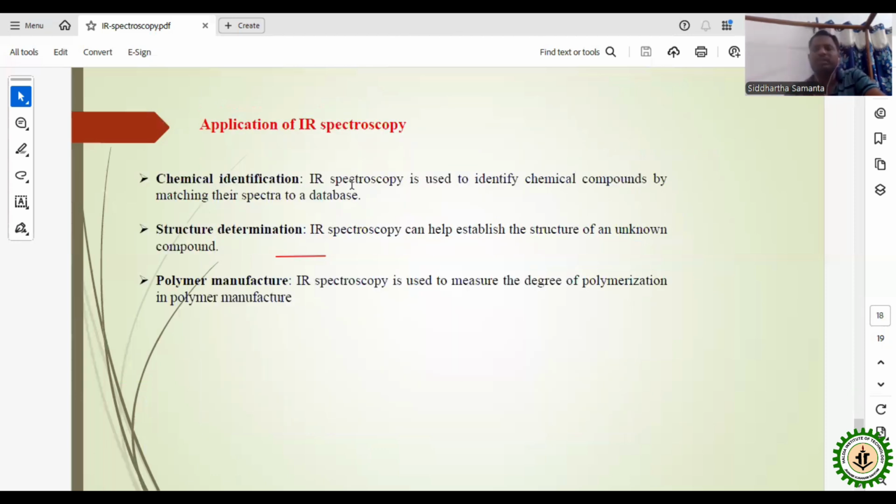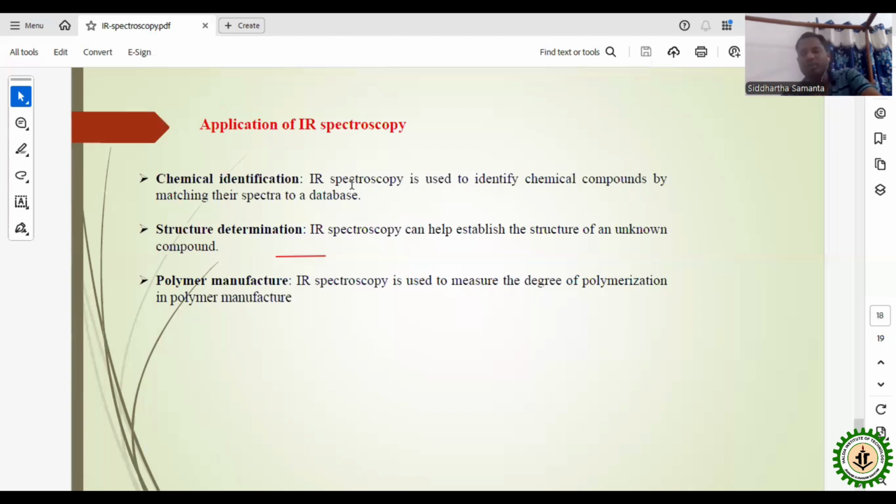So this is basically IR spectroscopy. What are the applications of IR spectroscopy? It is used to identify chemical compounds by matching their spectra to a database. IR spectroscopy can help establish the structure of an unknown compound.